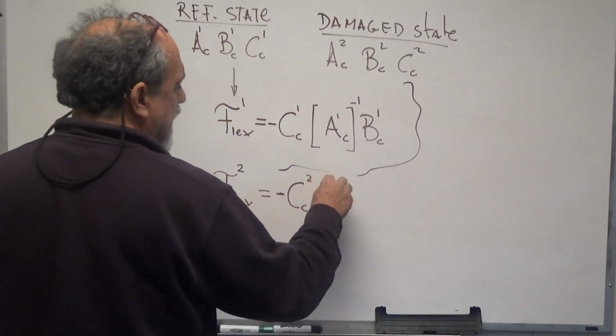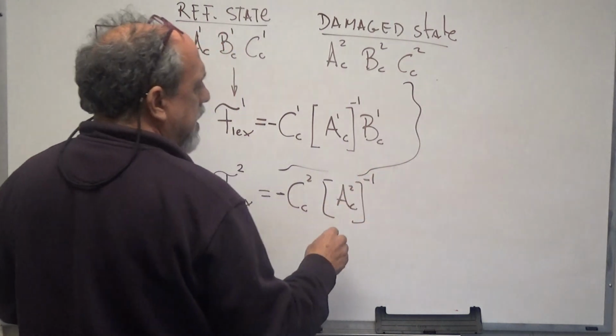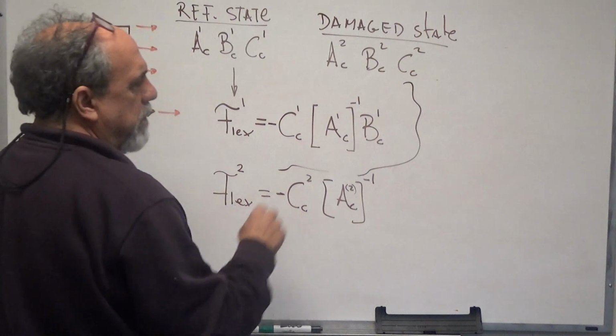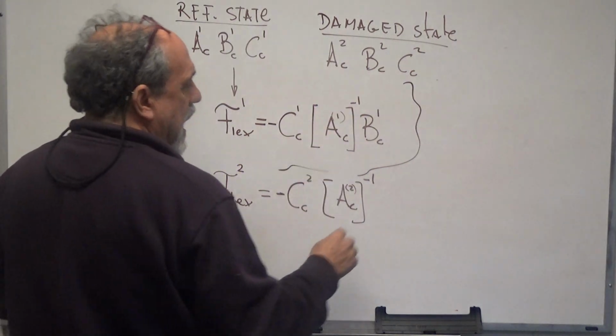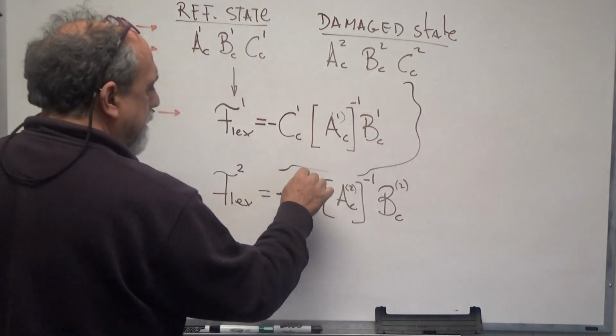The second one, to the minus 1, that's not a square, that's just the second matrix, right? Times B_C, the second one, right?